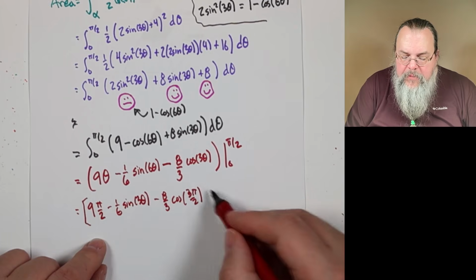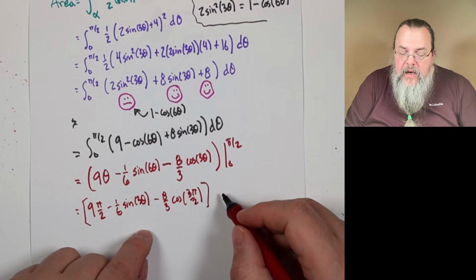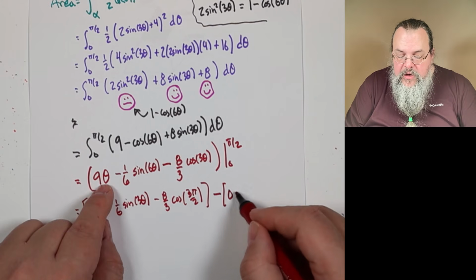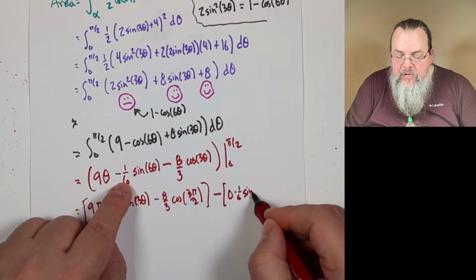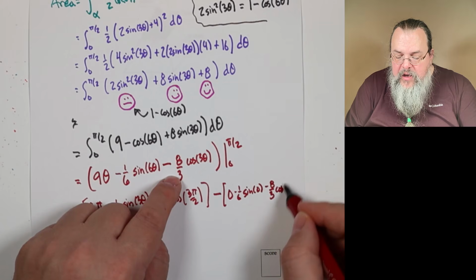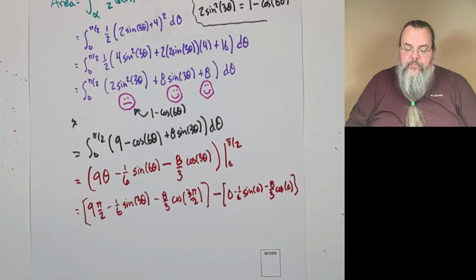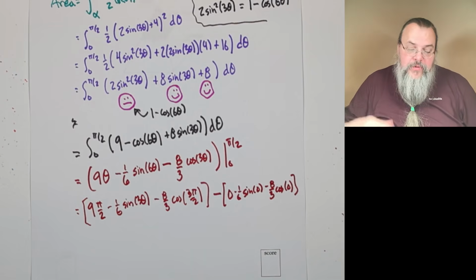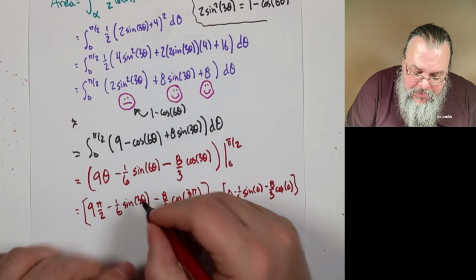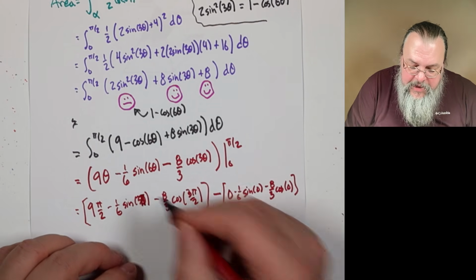Okay, so we have that. And then subtract, plug in 0. So we get 0 minus 1/6 sine of 0 minus 8/3 cosine of 0. Now some terms just go away. And, oh, whoops. Why did I put a theta there? That should be a pi.